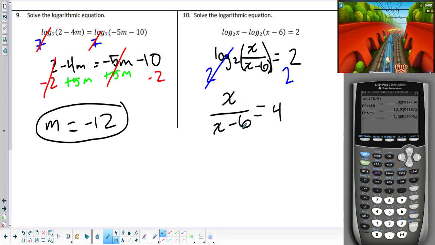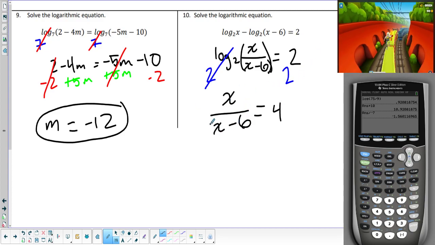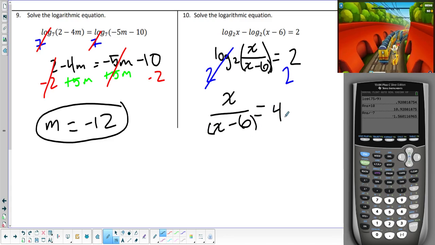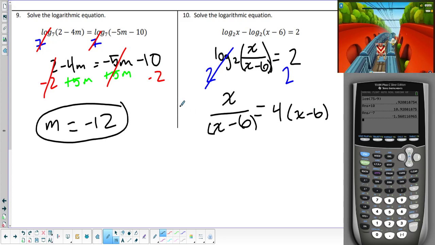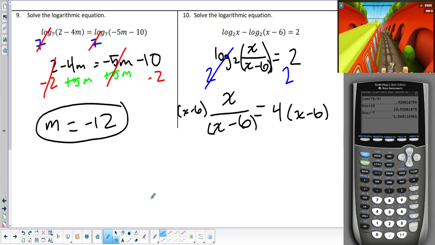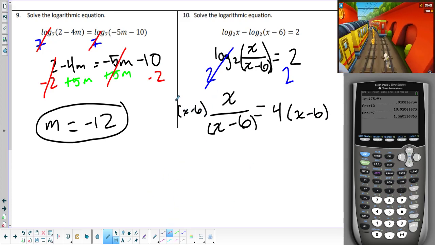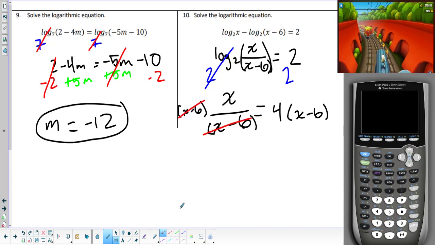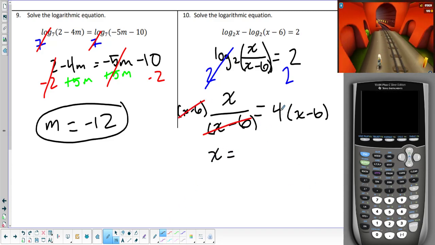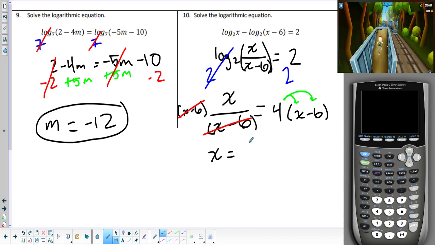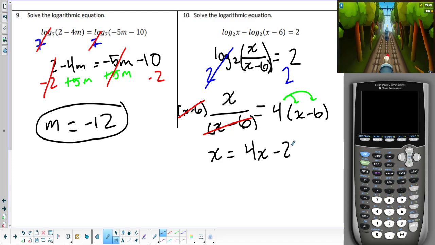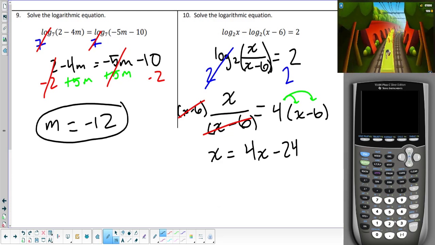Then, once we're here, we want to solve for x. And so I'm just going to multiply this side and this side by x minus 6, right? To cancel it from here, and leave me with x equals, distribute this, you get 4x minus 24. 4 times 6 is 24, right?